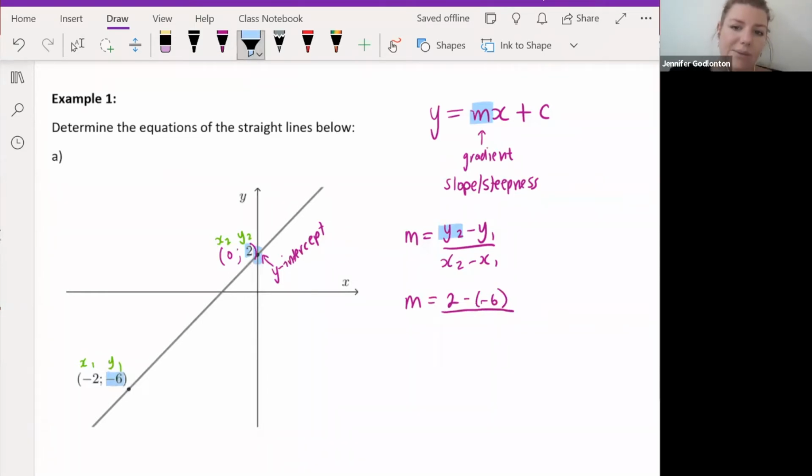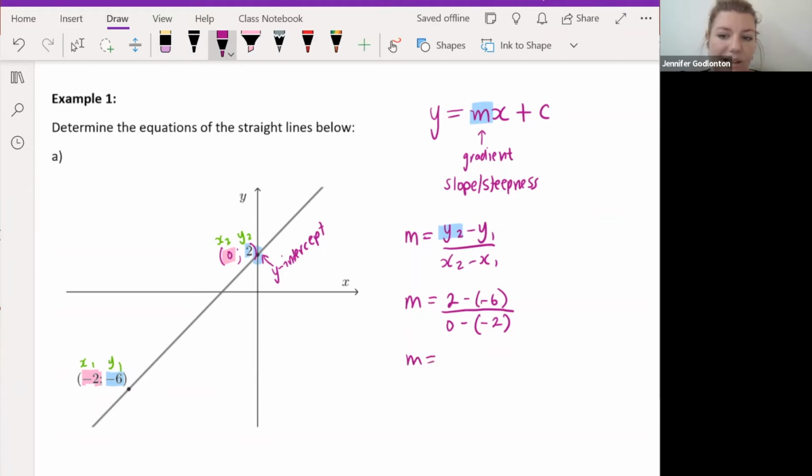Now I need x over x. I'm going to say x2, which is 0, minus x1, which is -2. All I've done is put into the equation my x's and my y's.